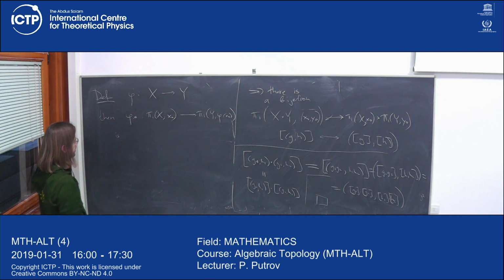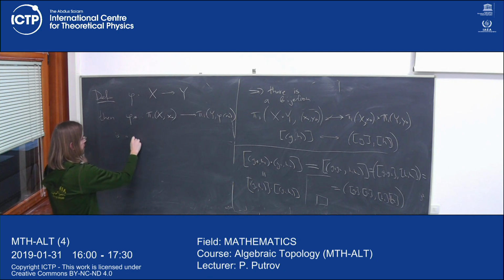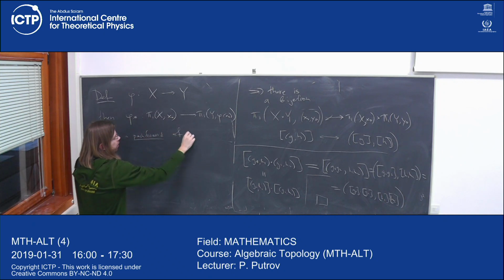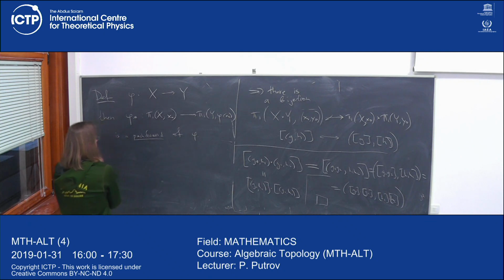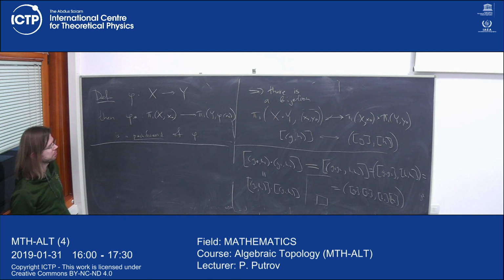We call this map the push forward of phi, and it is denoted by phi star.